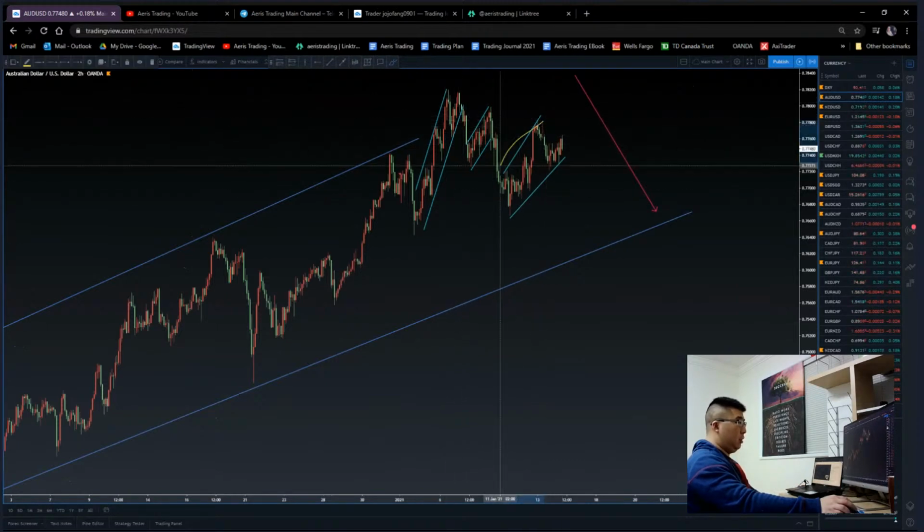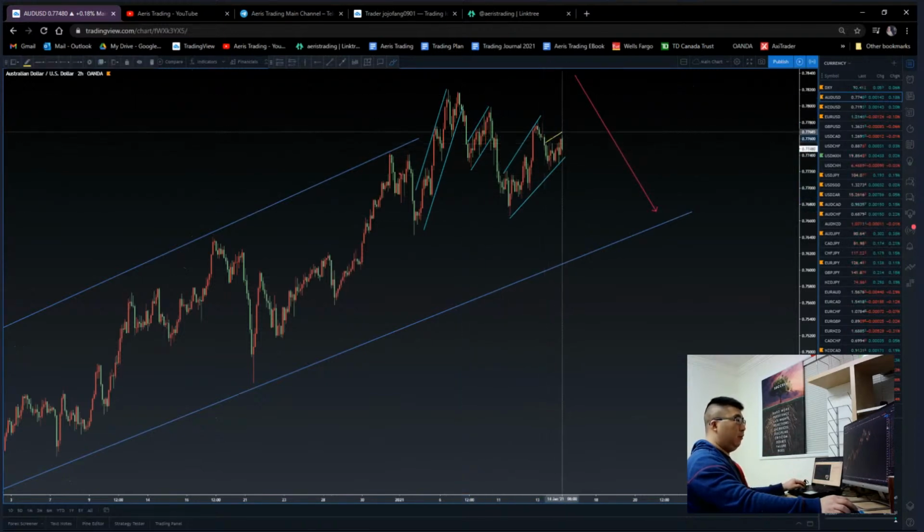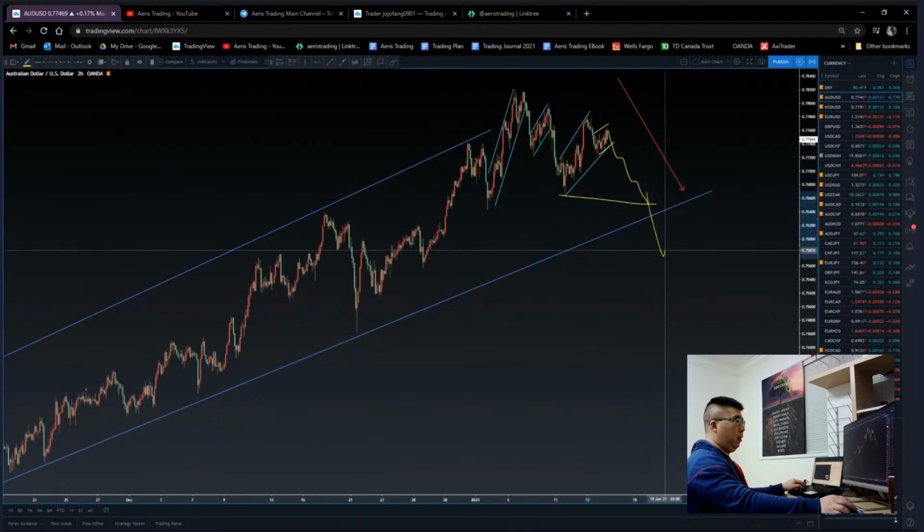So certainly I'm seeing this as a bigger consolidation for this move down. If we can confirm a correction here, kind of a right shoulder almost, if you see it this way, we can see bearish potential moving down to the lows. And if we can break out of here, then certainly I'm looking for a bigger continuation to add to the sell.